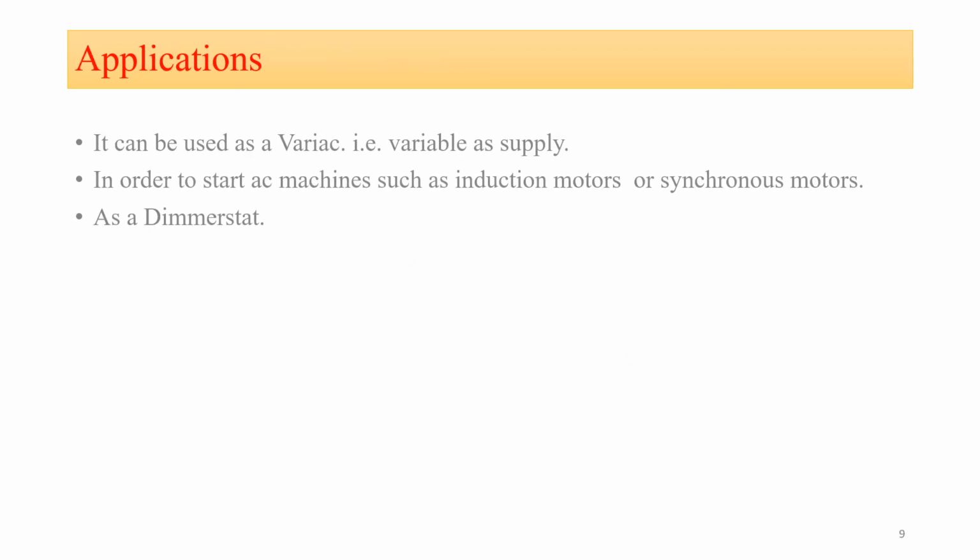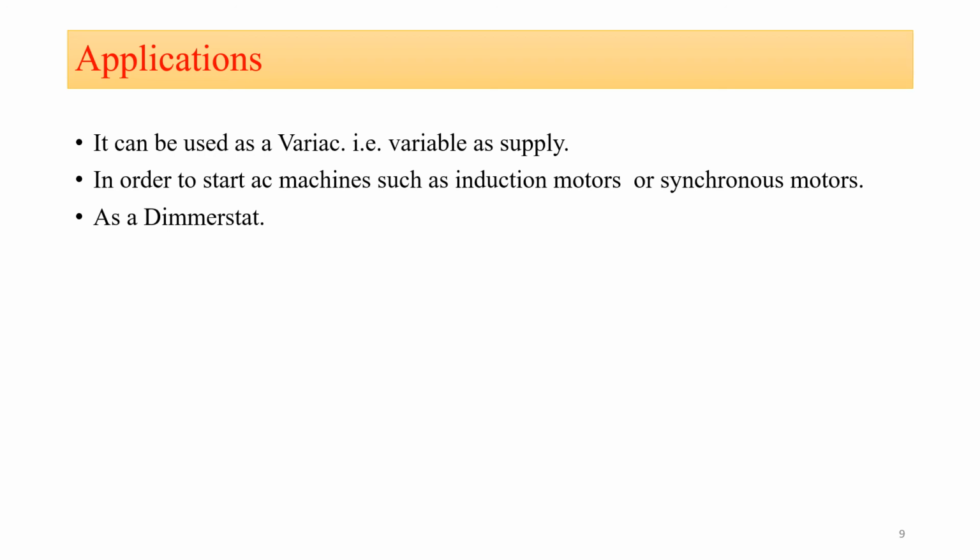Now which are the different applications of the auto transformer? First, it can be used as a variac. Variac is nothing but variable AC supply, means we can vary the AC supply by using the auto transformer, and that type of auto transformer is also called a variable auto transformer. Then, to start AC machines such as induction motors or synchronous motors, we can use an auto transformer.